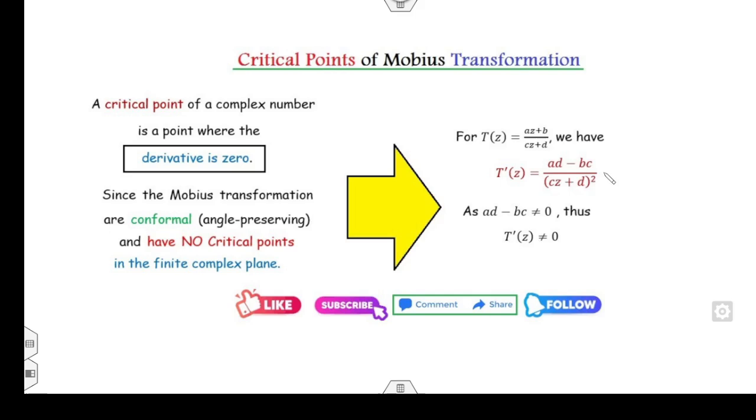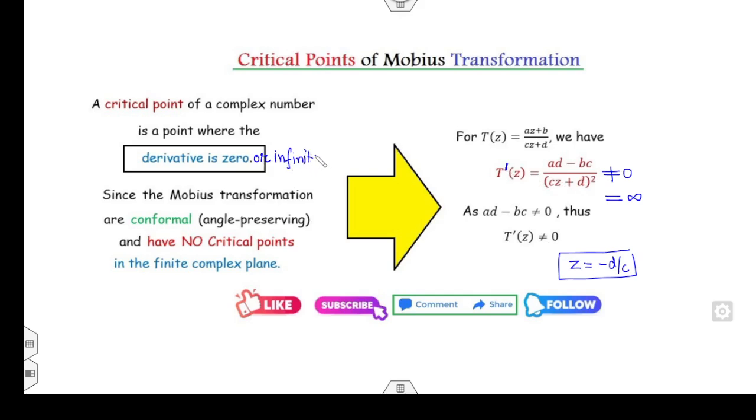But because we have seen this number is non-zero, can you say this number becomes infinity? For what value of z does this become infinity? Clearly, z is equal to minus d over c. Whenever z is equal to minus d over c, then T'(z) becomes infinity. So then it is a critical point.